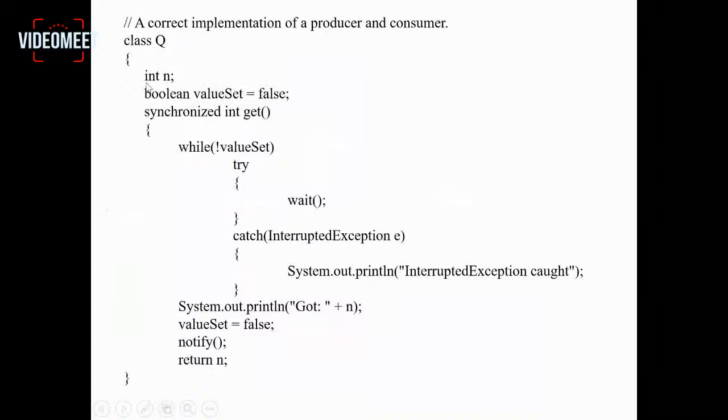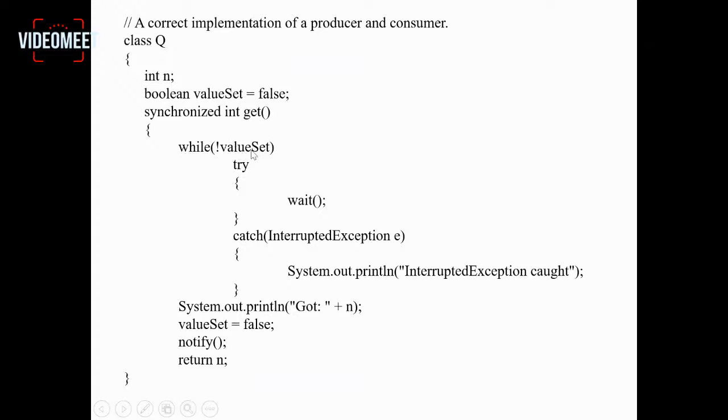So the class Q has the same instance variable, integer n, and a boolean variable called valueSet, which is initialized to false. Then we'll make this get method synchronized, as we have done in the previous program. But inside this get method, we have a while loop.